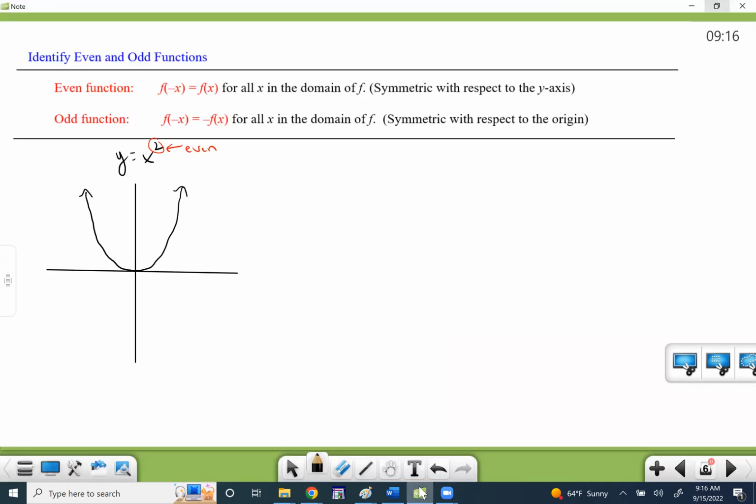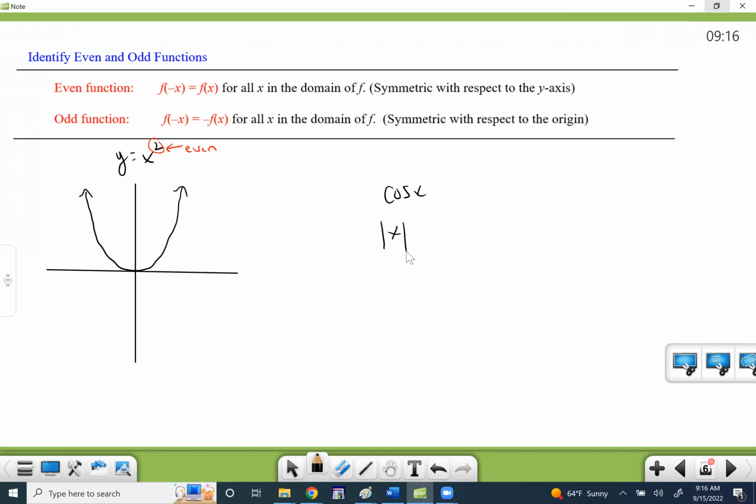Now you're probably saying, well, then why do I need this little test up here if all I've got to do is look at the exponents? Well, that doesn't hold true for other types of functions. For example, when you get into trig, cosine is an even function. It doesn't have an exponent. Well, I guess technically it does, but it's not a polynomial. Those things hold true for polynomials and rational functions, and even absolute value x.